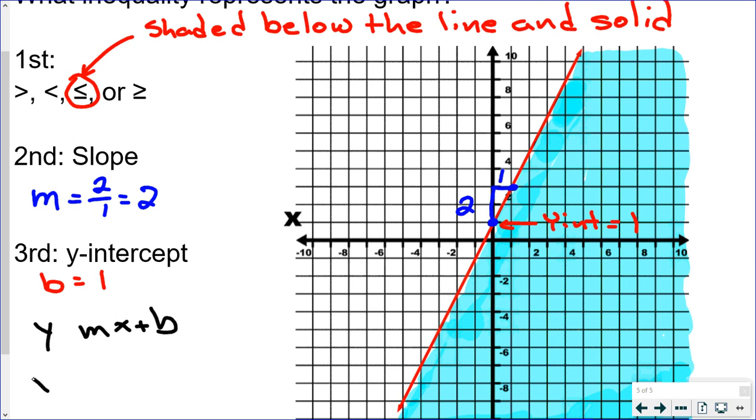So we have y, and we already chose our symbol, less than or equal to, because it's a solid line and it's shaded below the line. The less than tells us it's shaded below the line. The or equal to tells us it's a solid line. The slope is 2 and the y-intercept is 1.